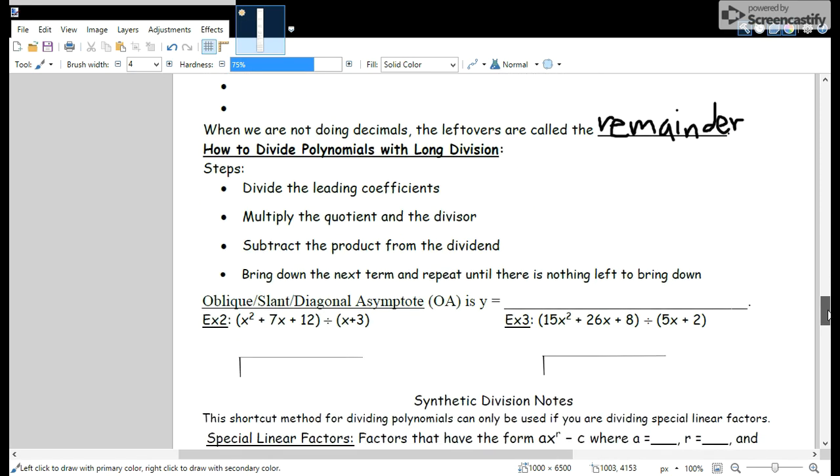Let's do this example right here. We have x squared plus 7x plus 12 divided by x plus 3. So your dividend, your numerator, goes inside. And your denominator, your divisor, goes on the outside. x plus 3.